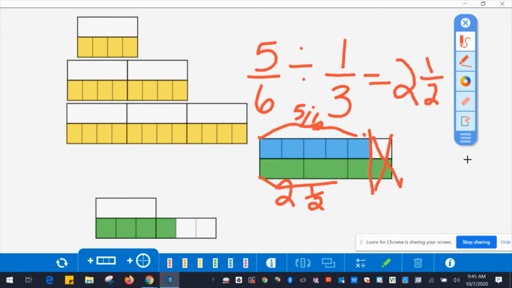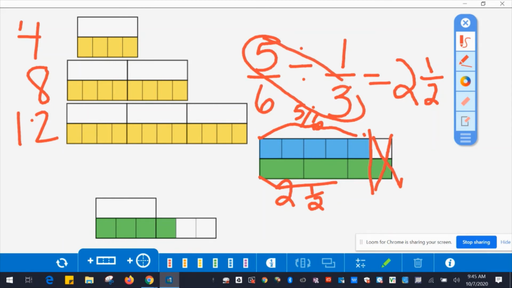So let's look at that pattern. That pattern before, we were multiplying to get our answer, right? Our answer here was 4, and then 8, and then 12, right? So I'm going to multiply. What is 5 times 3? 5 times 3 is 15.